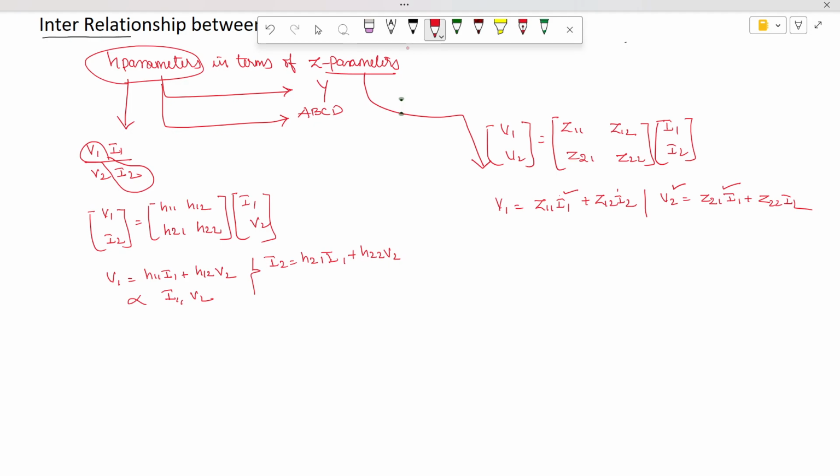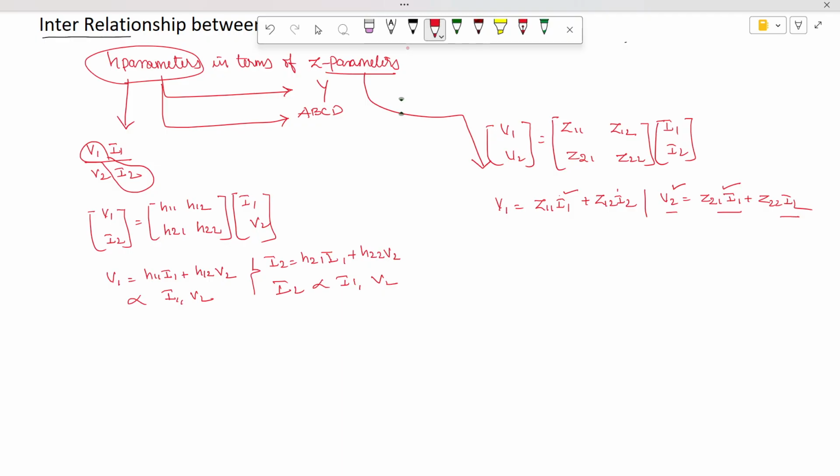Here we are going to have the two equations, so I2 should be in terms of I1 and V2. So this is mapping the equation.